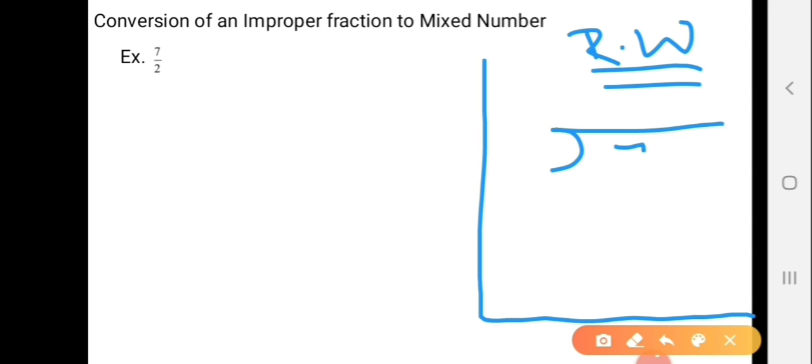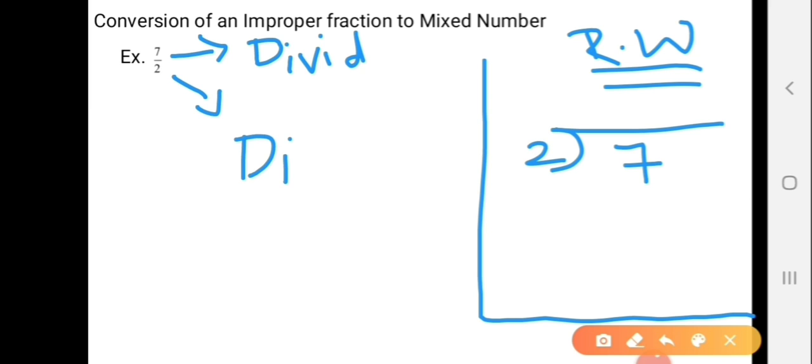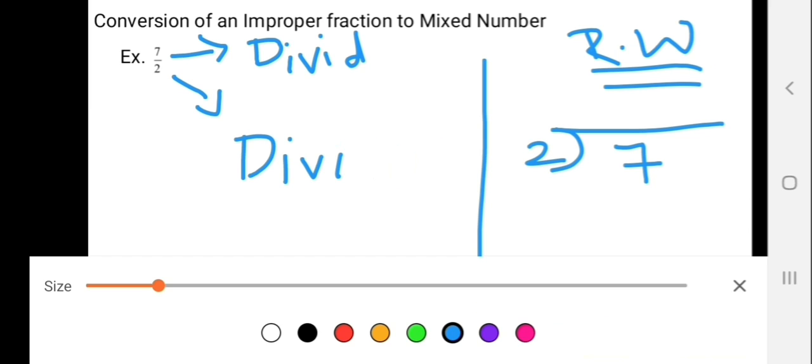When converting an improper fraction to a mixed number, we take the numerator as the dividend and the denominator as the divisor.